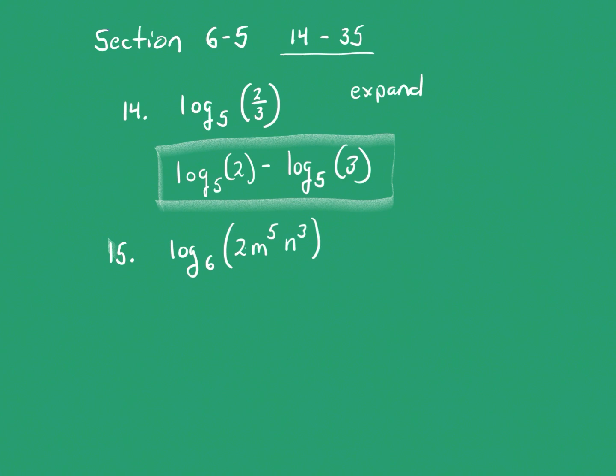You can think of it as 2 times m to the 5th times n to the 3rd. So I can actually break this into 3 logarithms. We're going to use our properties, and this one is the property of a product. So this is the same thing as log 6 of 2 plus log 6 of m to the 5th plus log 6 of n to the 3rd.